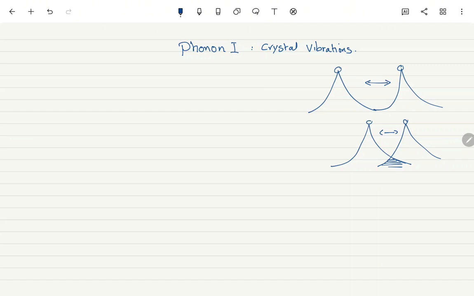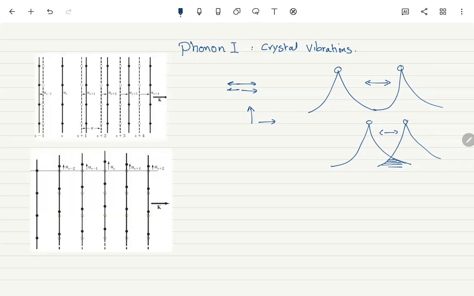Now atoms in this case oscillate this way along the wave vector, or oscillate this way perpendicular to the wave vector, as in this figure. They are oscillating either in this direction, with the wave vector in this direction, or also oscillating in this direction, with the propagation in this one here.